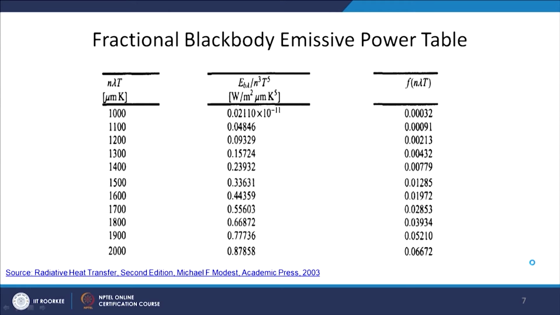The first column gives you the value of n lambda T in micron Kelvin. The second column gives you the spectral emissive power at that particular wavelength in parameterized form, and the third column gives you the fractional black body emissive power. So, this is the emissive power between a given wavelength range 0 to lambda divided by total black body emissive power. We will use these tables to solve different problems.